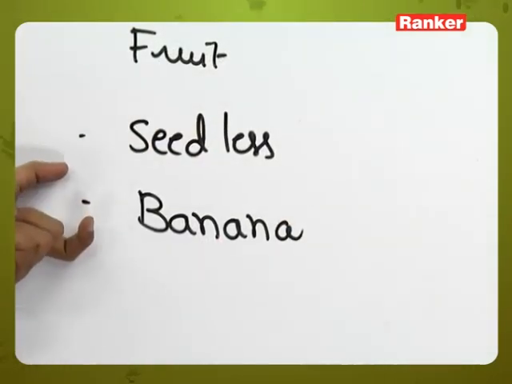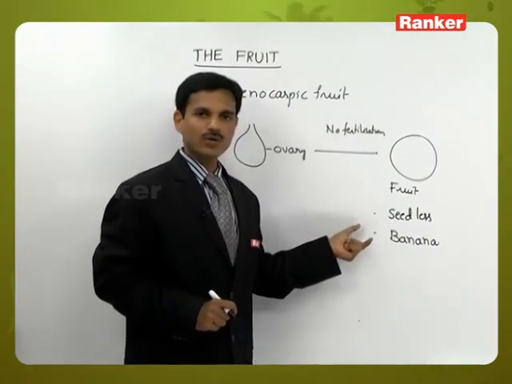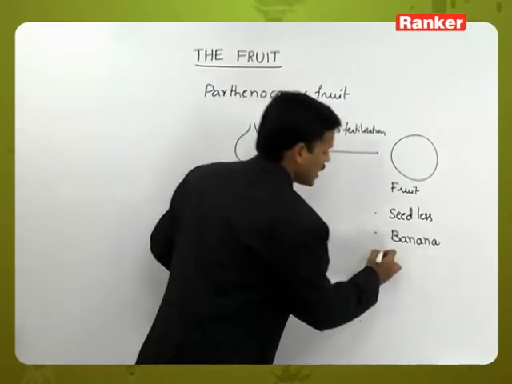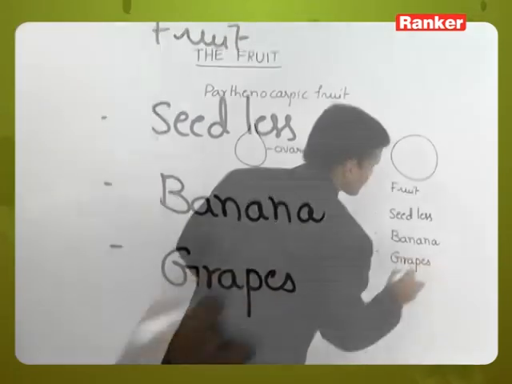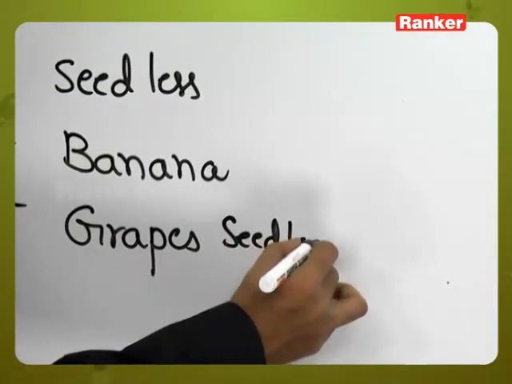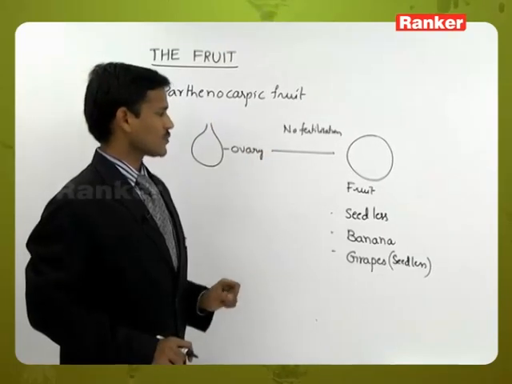Banana is a seedless fruit. It is a natural parthenocarpic fruit. Banana, and grapes also, some seedless grapes. Seedless grapes are also examples for these parthenocarpic fruits.